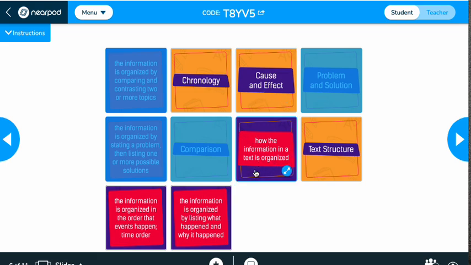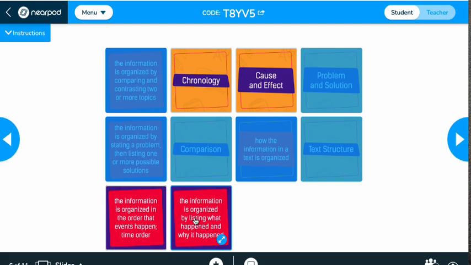Over here it says text structure. Well, we just said that's how the text is organized. So that leaves me with two, chronology and cause and effect. Over here, this says the information is organized in the order of the events that happened. So like first, second, next, last. This one says the information is organized by listing what happened and why it happened.